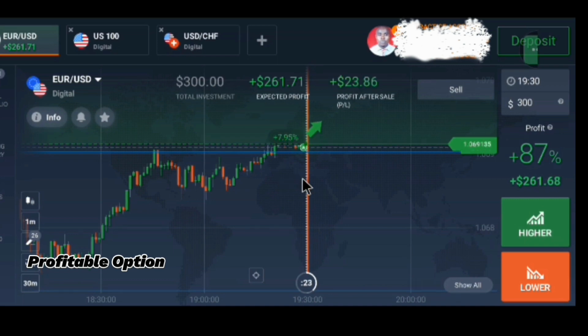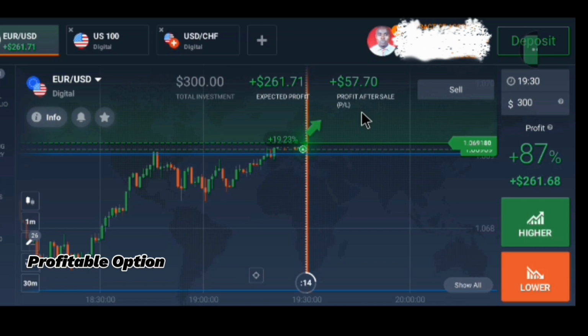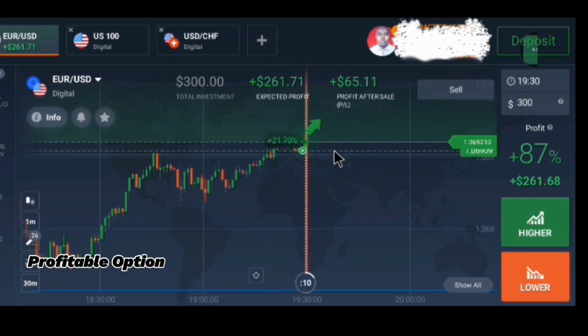I will be at an advantage if I take a buy trade, because if I take a sell trade, it can just continue to go up since it's on an uptrend.